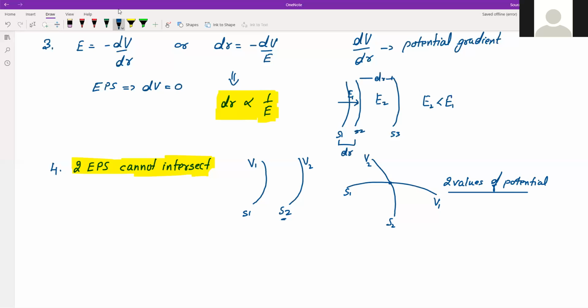They are those surfaces where the value of potential is only one. So that means two equipotential surfaces can never intersect. Okay, so that is about the equipotential surfaces and their properties.